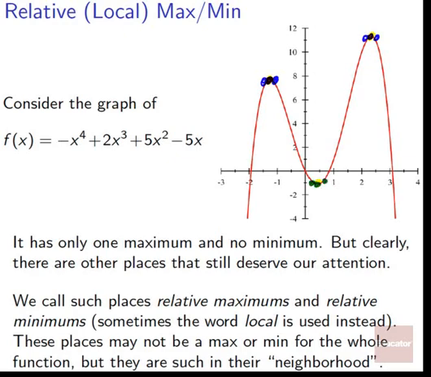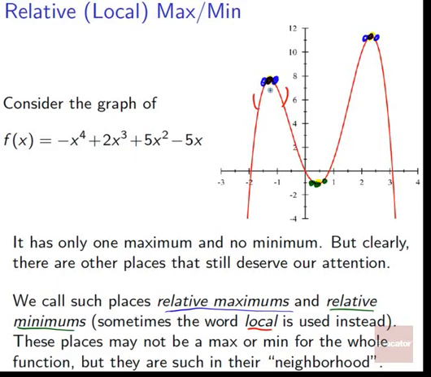So the relative minimums are the ones in green, and the relative maximums are the ones in blue. And sometimes the word local is also used instead, so you might hear somebody flip between relative or local. These places are not necessarily a max or a min for the entire function, for every single place, but they are such a maximum or minimum in their neighborhood. There's some little place around them where they are king of their hill.